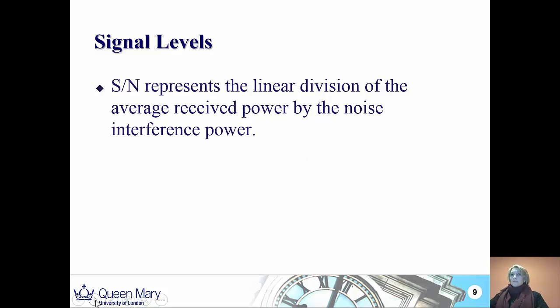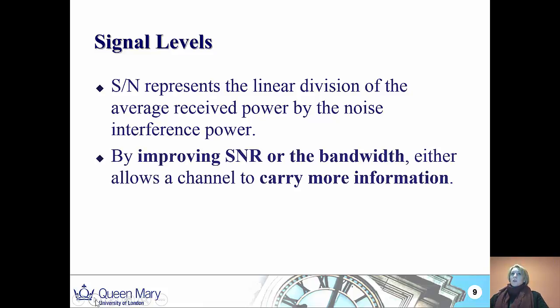So signal to noise is a division of the average received power in relation to the noise interference power. Okay, so it's the relationship between the received power of the signal and the noise interference. By improving the signal to noise or the bandwidth, we can carry more information.